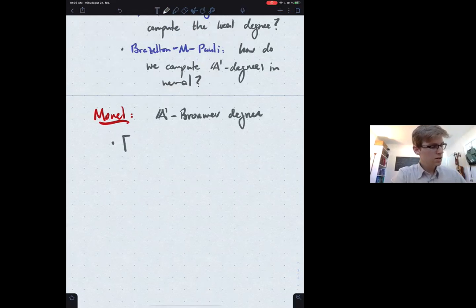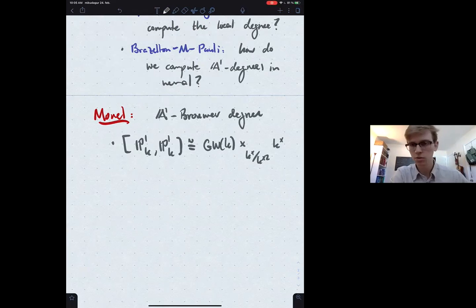For endomorphisms of P1 over a field, this looks like the Grothendieck-Witt group of bilinear forms, plus a little bit extra. You also have some information coming from what's essentially going to be the determinant of your bilinear form, or the discriminant. We'll talk about that a little later with Kazanov's work.